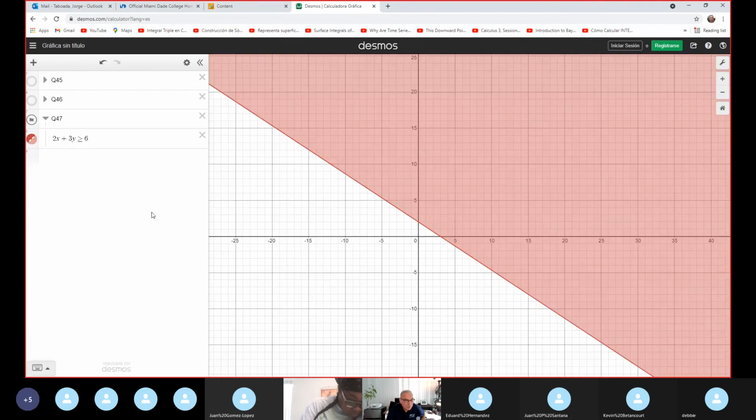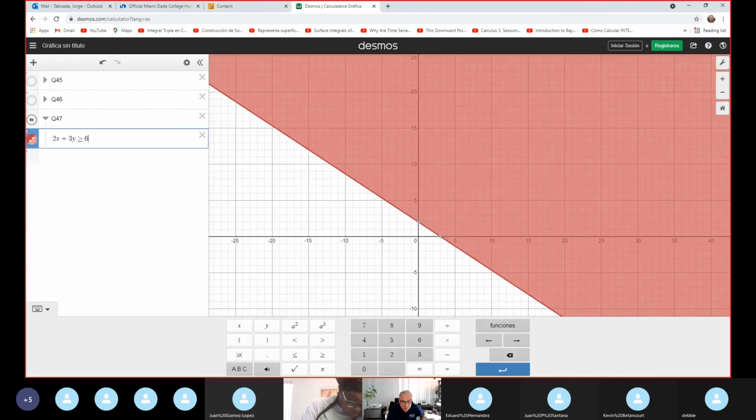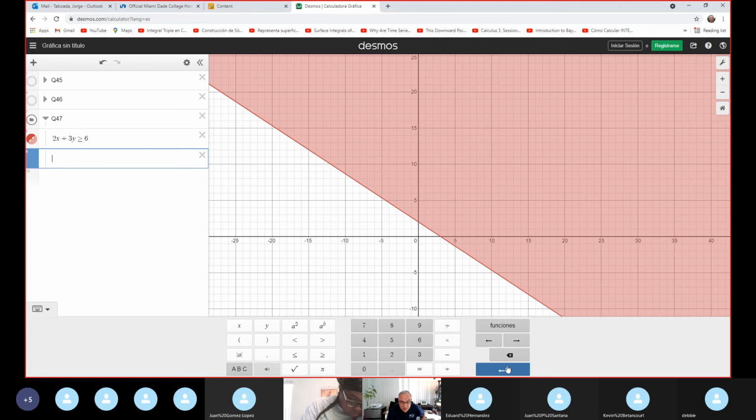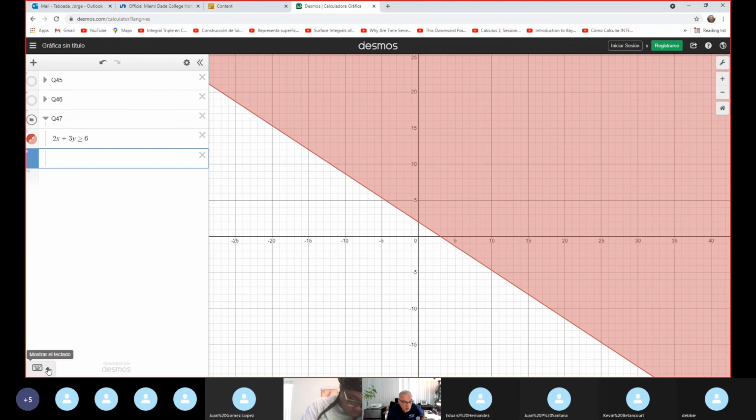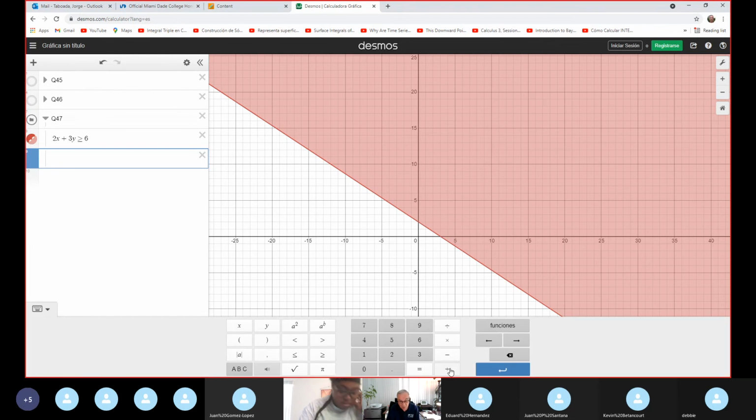In the next line, you press enter, or press enter directly on the Desmos keyboard. You can see the Desmos keyboard. It's good. It's better than our keyboard for mathematics, of course. The second is x minus y greater than or equal to 3.